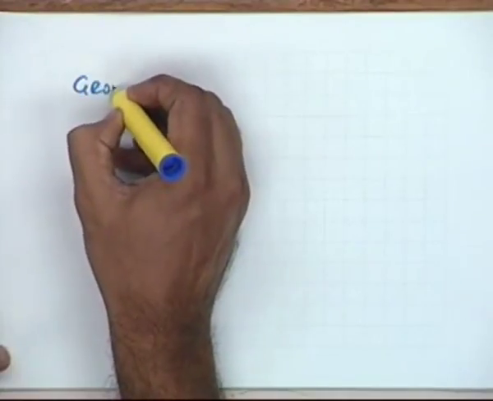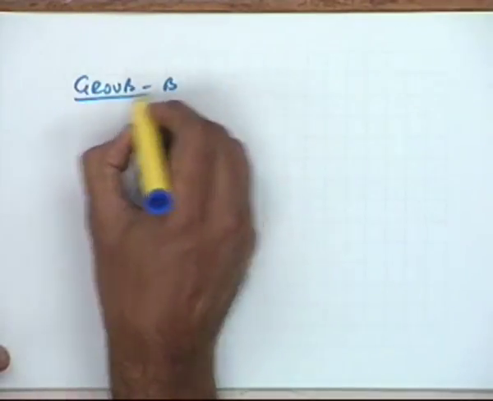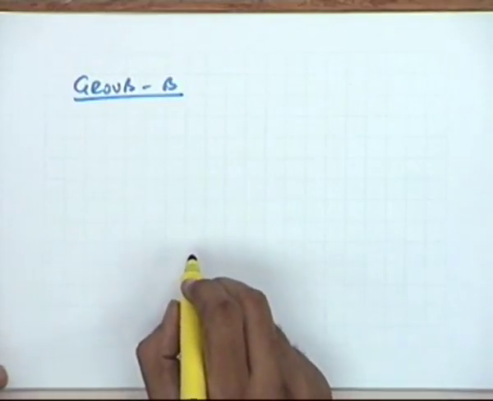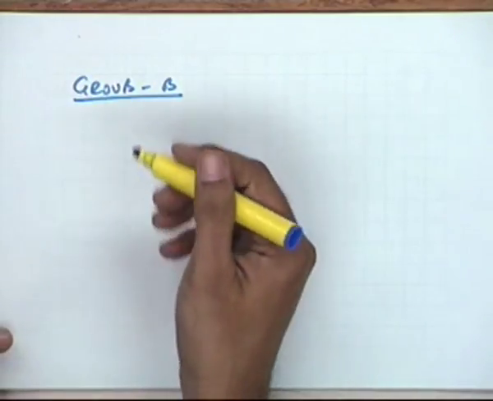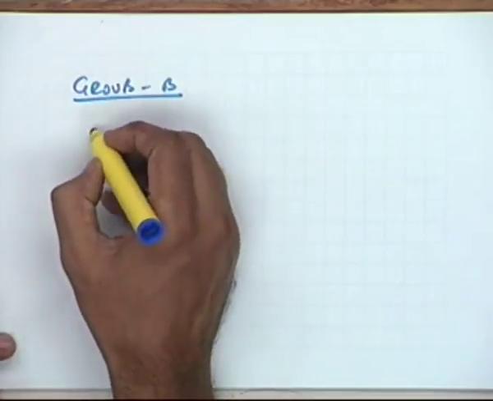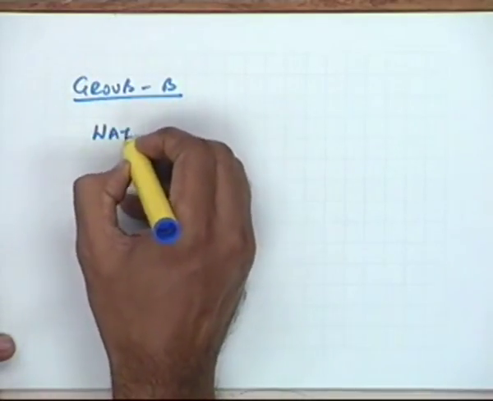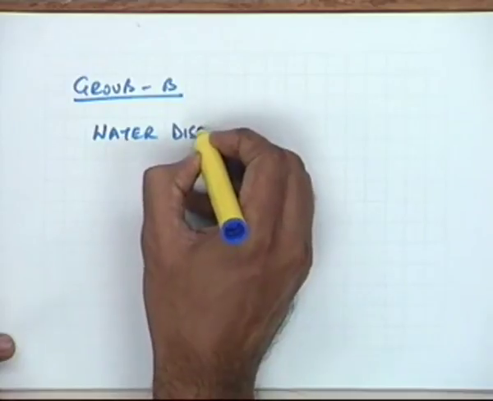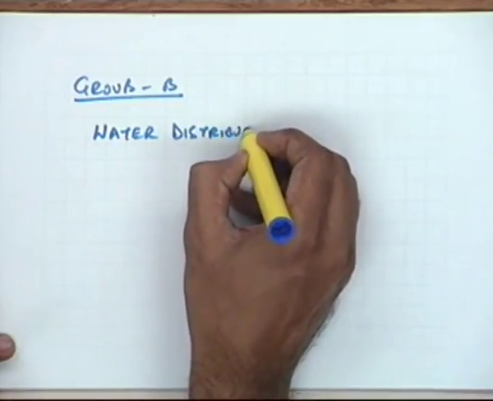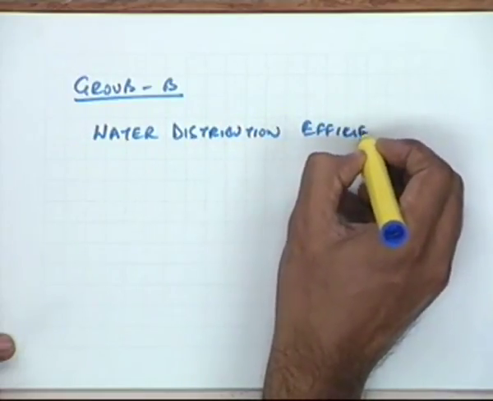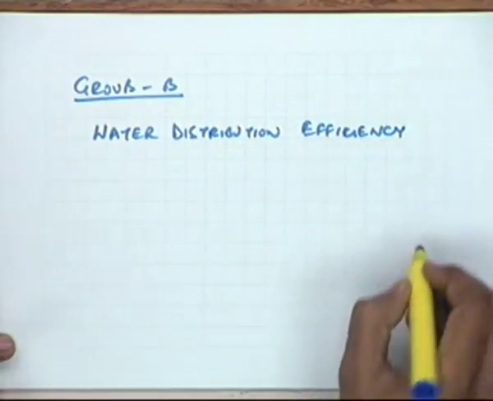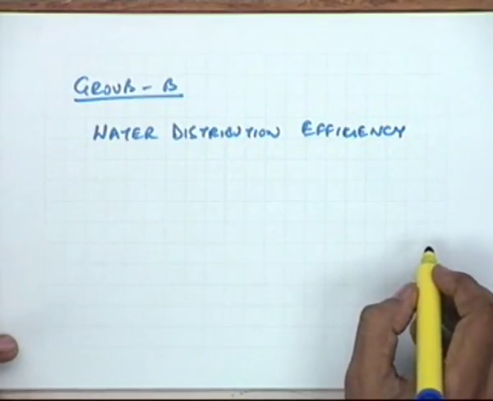And to do that, as we said, group B efficiencies will look at the distribution aspects, or the depths of water. The efficiency which is used to do that is known as water distribution efficiency.